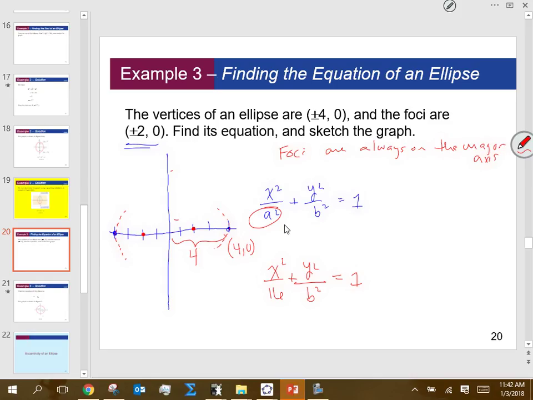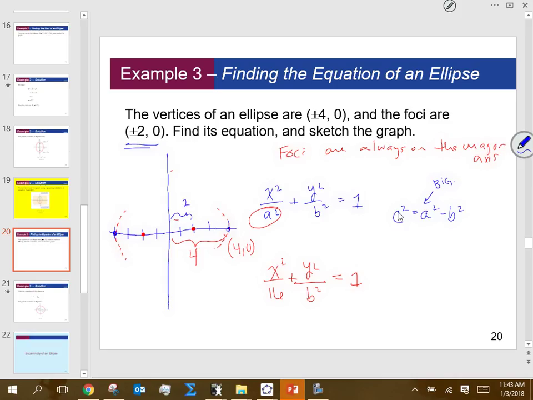The way I'm going to find b is I'm going to remember we have a formula that helps us find our foci. Our focal length, c, satisfies c squared equals a squared minus b squared, where a squared is the bigger of the denominators. That's going to provide us the length of our focus. Our focal length right now is that distance of 2.